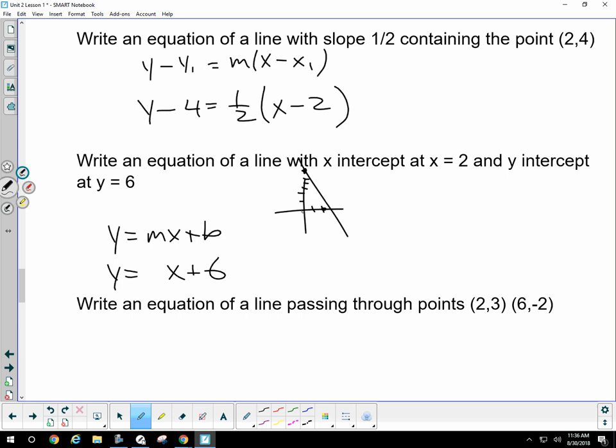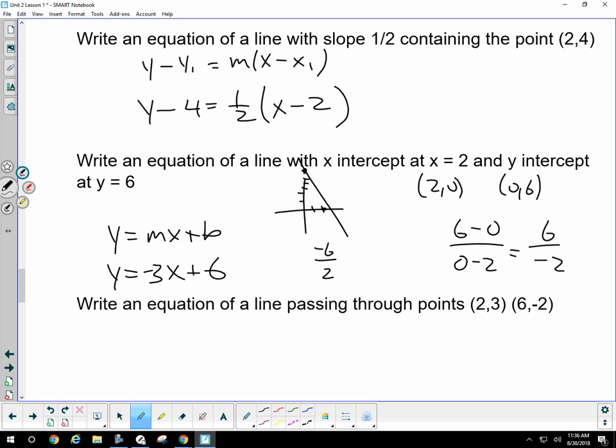Understanding I'm going down 6 and over 2, down 6 to the right 2, that would be negative 3. Or knowing that we have the points 2, 0, and 0, 6, we can use the formula for slope to get negative 3.